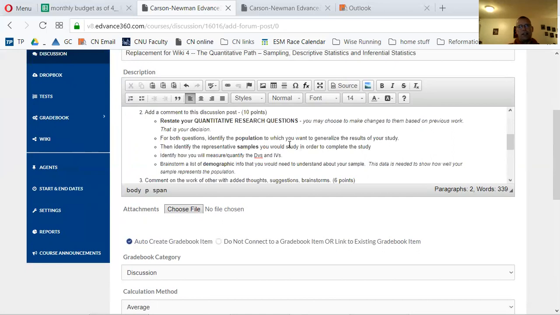Do you want to keep that in your district as the population? That's usually not the thing with quantitative research. We're trying to generalize to a broad population. So it's not who you're studying, it's who you're studying represents.